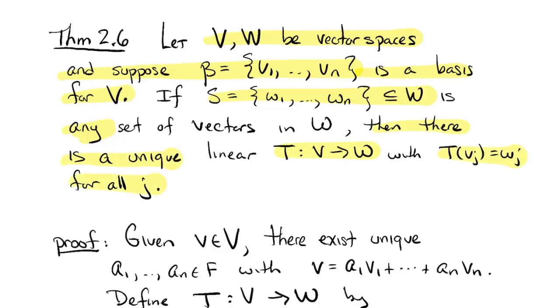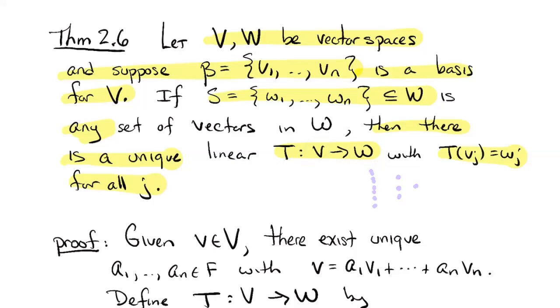So the spirit of this is that you have two vector spaces and you'd like to make a function between them. You pick a basis for V, V has dimension n, and then you pick any n targets you want over in W, even if some of those targets are the same. Any n vectors in W with repetition allowed.